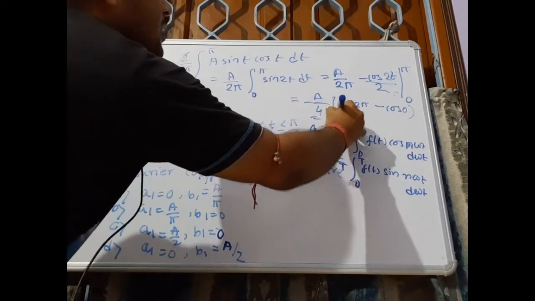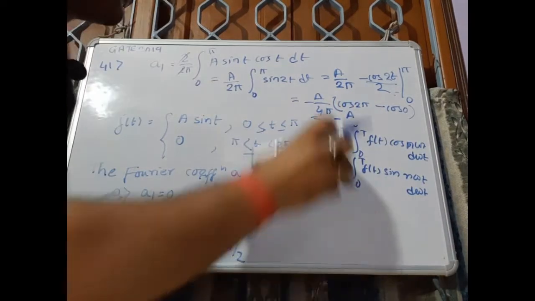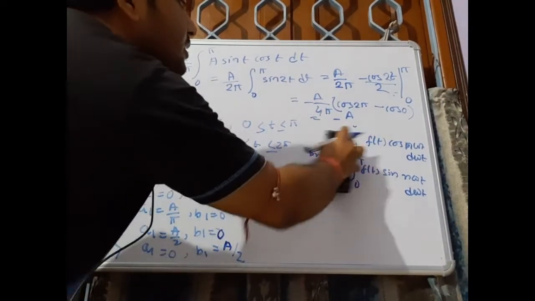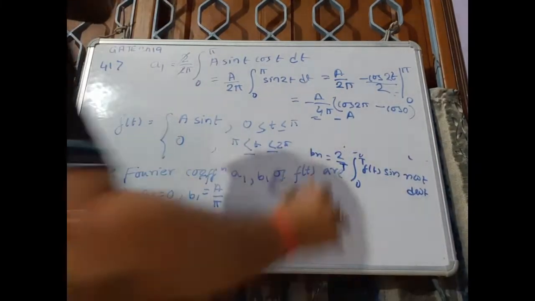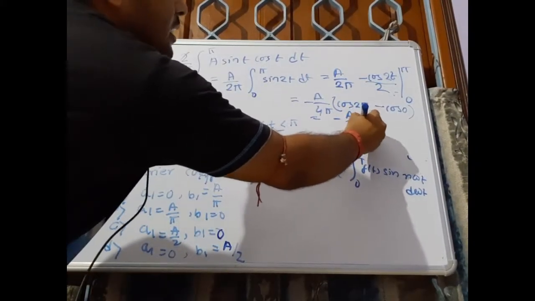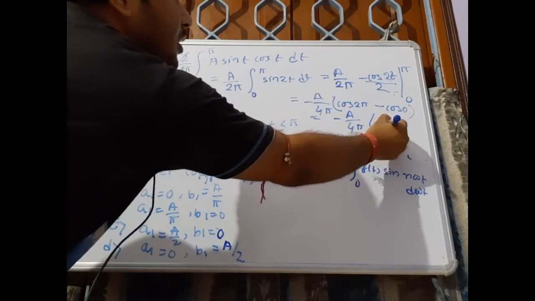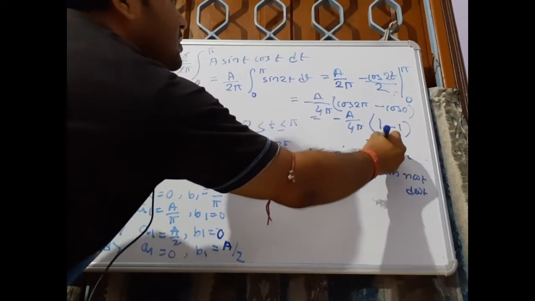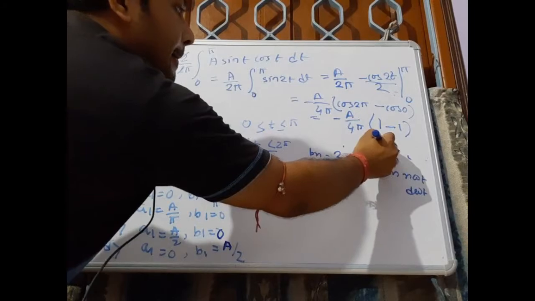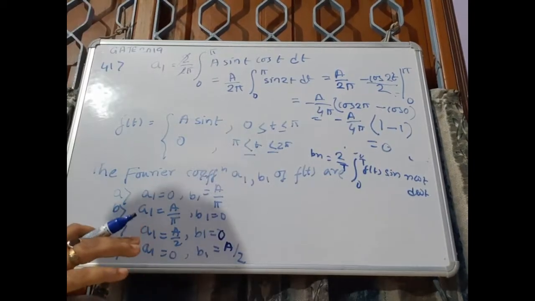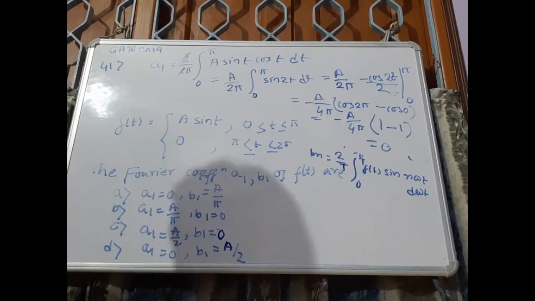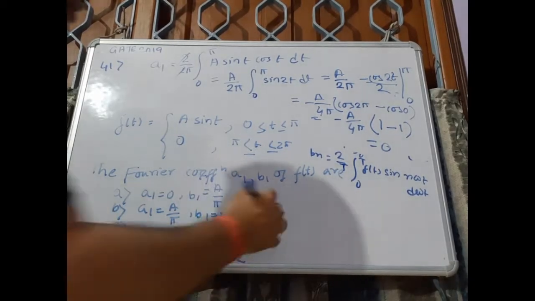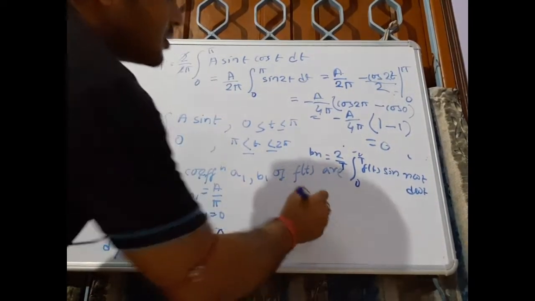Now a by 4 pi, this value is 1 and this value is also 1, so this equals 0. Now if I calculate b1, we have a1 equals 0.